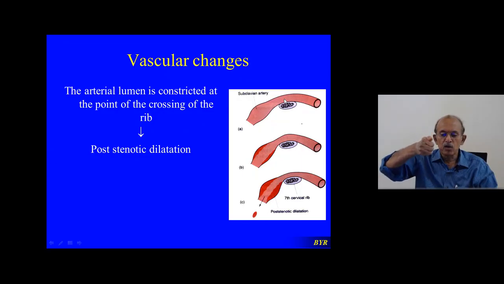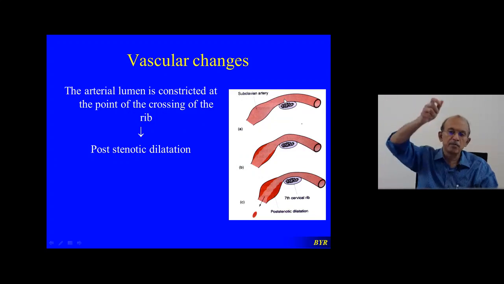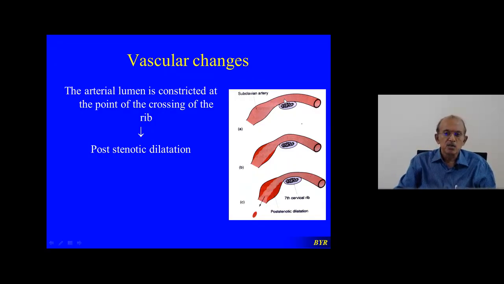When you partially occlude the hose, the water comes out as a jet with more force. When you want to eject it to a greater distance, you partially close the tube. Similarly, when there is partial obstruction, there will be more force of blood immediately after the obstruction. Because of this jet-like force, there will be post-stenotic dilatation.